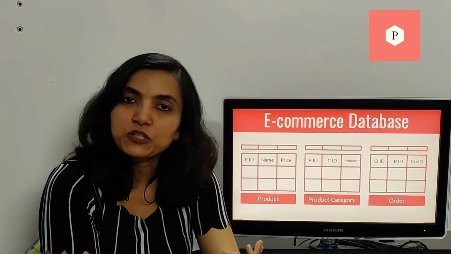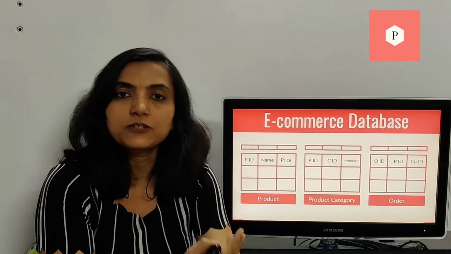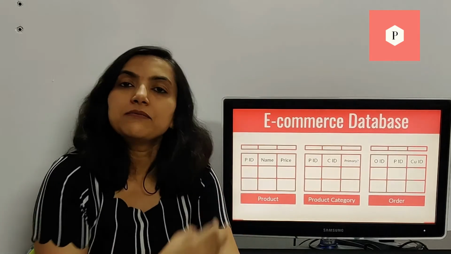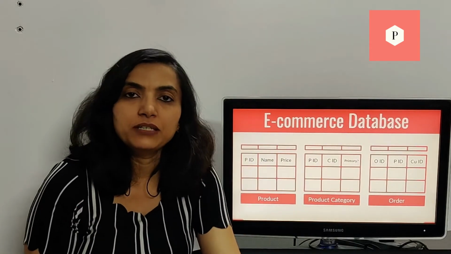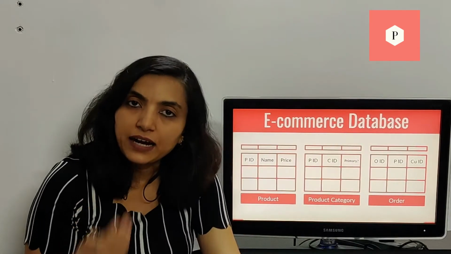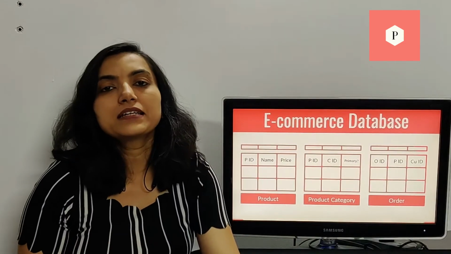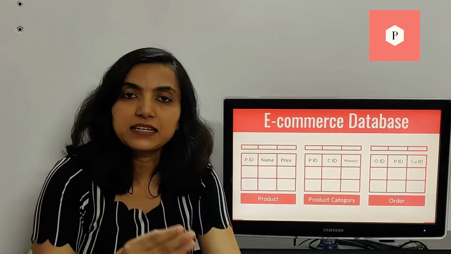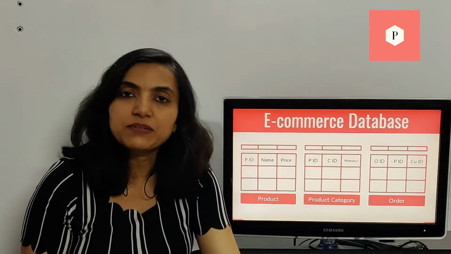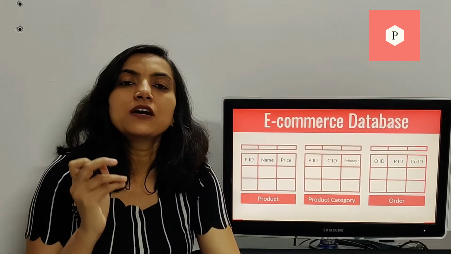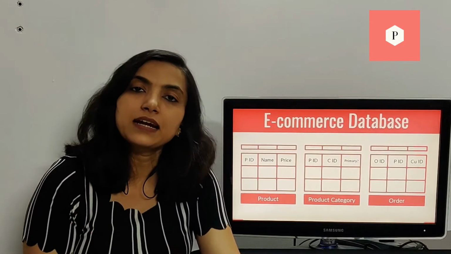For example, description of the product, the manufacturer of the product, warranties, etc. Similarly, you can imagine a separate category table which will have a category ID for each category, the name of the category, and if categories are hierarchical, that is there are categories and subcategories and sub-subcategories and so on, then it will also have the information of where in the hierarchy this category belongs.